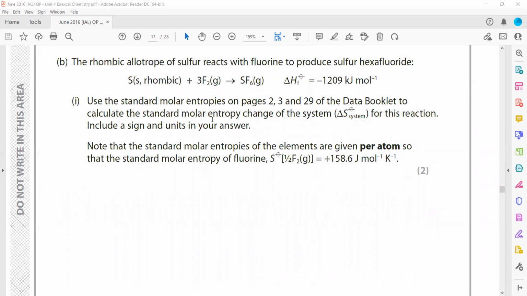Then you have to use the data booklet, the standard molar entropies on pages 2, 3 and 29, to calculate the standard molar entropy change of the system. Entropy change of a system is the products minus the reactants.